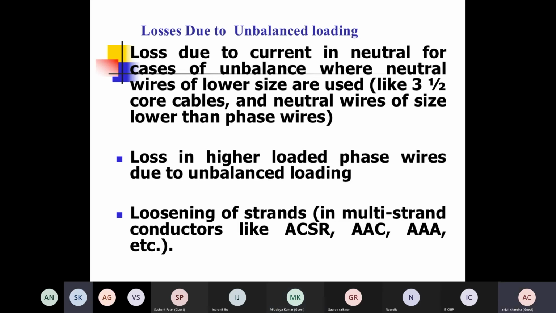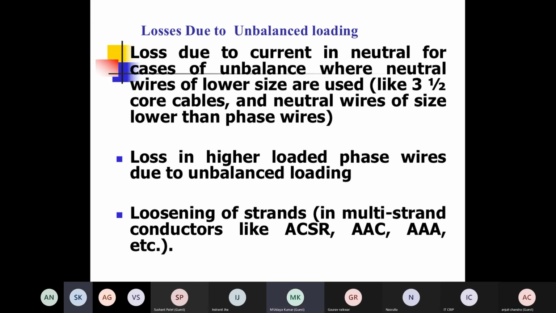But if there is unbalanced loading, then there will be current in the neutral also. So there will be additional loss for the current flowing through the neutral, which will again have an I square R loss. And there will also be higher loss in the unbalanced, higher loading phase wires. Would you agree?